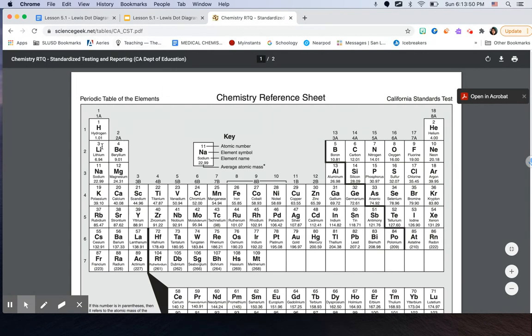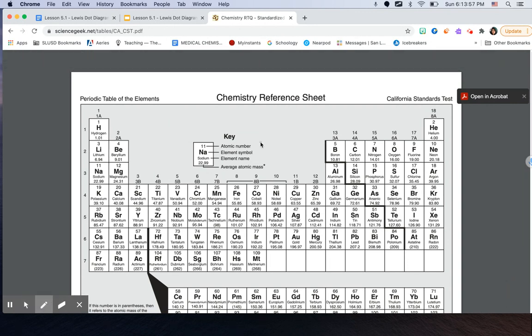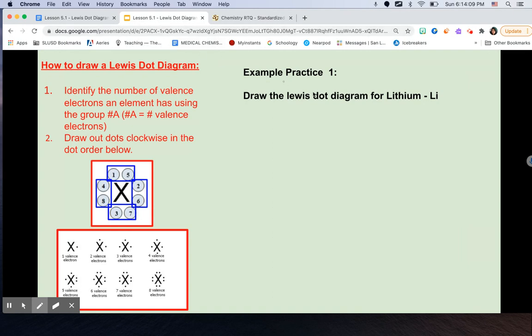Most of the time I'll link this for you so you don't need to search it up. The next thing I need to do is look for lithium. So going across, lithium is here, Li. It is in group 1A. Therefore, I know that I'm going to need to draw one valence electron. So in step number 1, it's in group 1A, so I need to draw one valence electron.